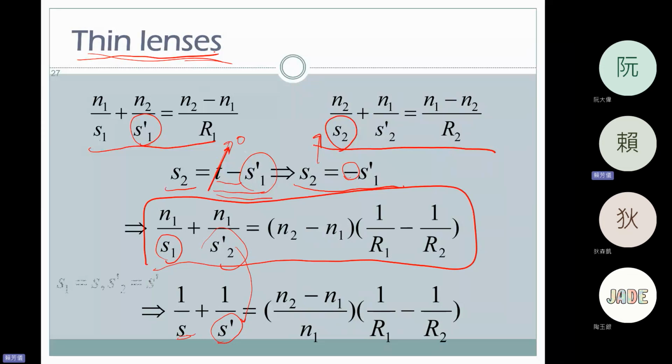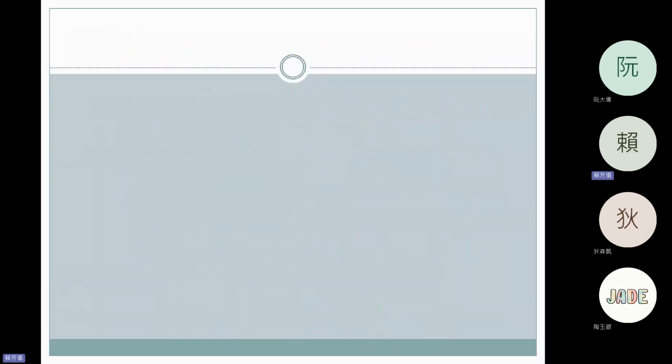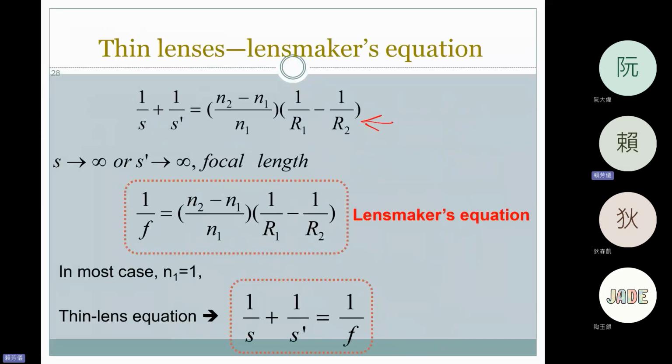Okay, for this equation, we can find that if parallel lines go through the thin lens, that means the object distance is infinity because of the parallel light.